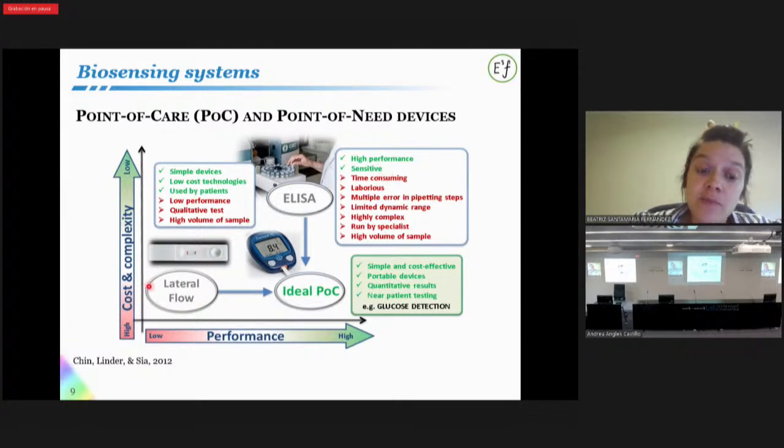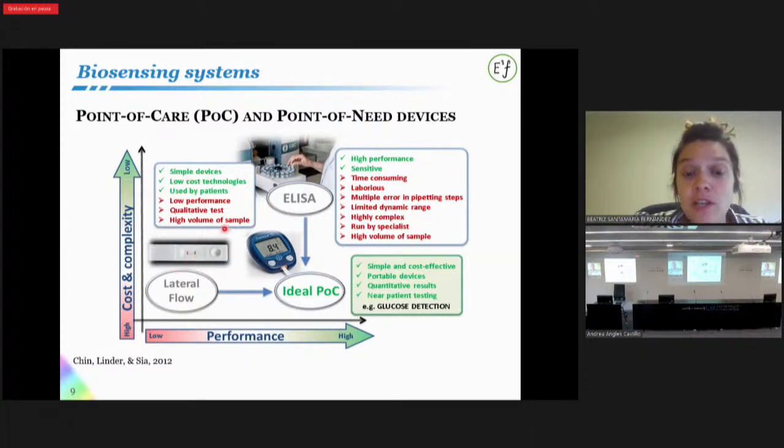There are also very, very simple point-of-care devices, as you might know, the lateral flow biosensor, for instance, the pregnancy test, or nowadays the COVID test that is everywhere. They are very simple, low-cost technology. They can be used by the patient, but they have very low performance. Normally, they are a yes or no biosensor. They don't give you quantitative information, and they also need a very high volume of sample.